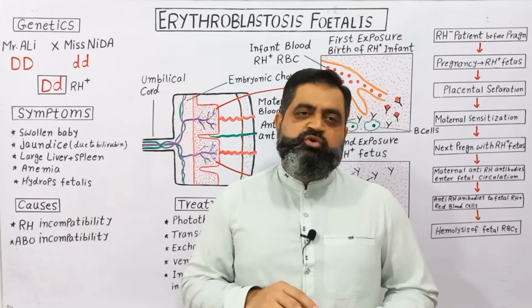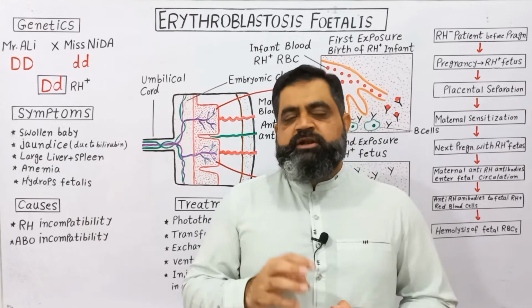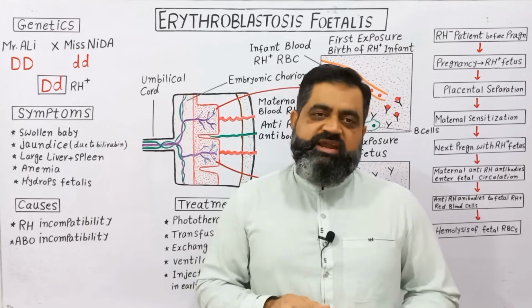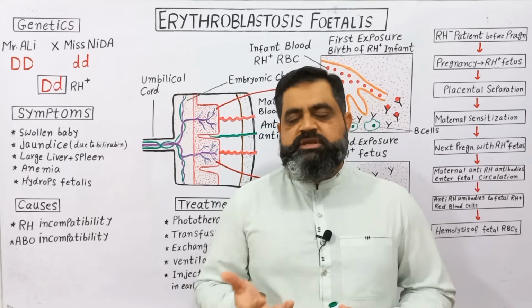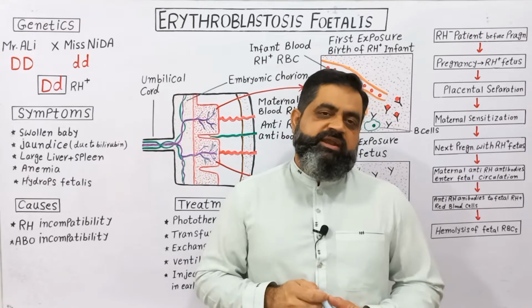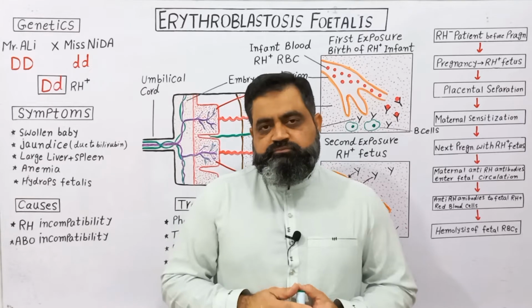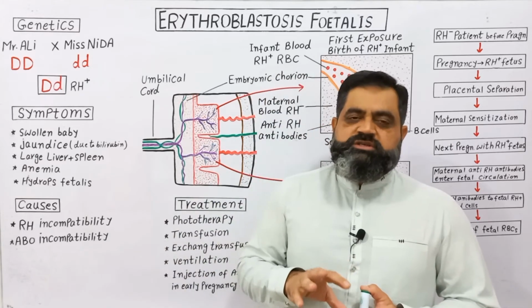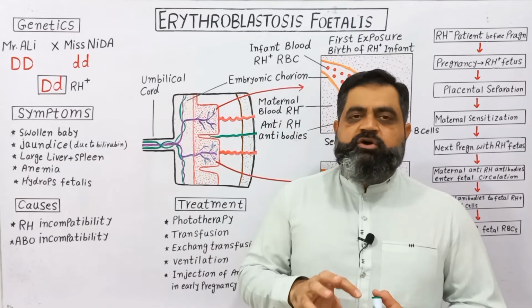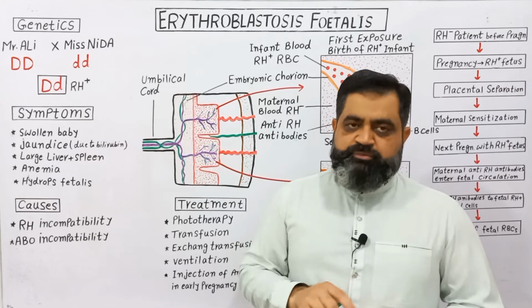Combining both systems, we get A positive, A negative, B positive, B negative, AB positive, AB negative, O positive, and O negative, which you already know in detail. Today we are going to discuss the compatibility or incompatibility of these different groups.